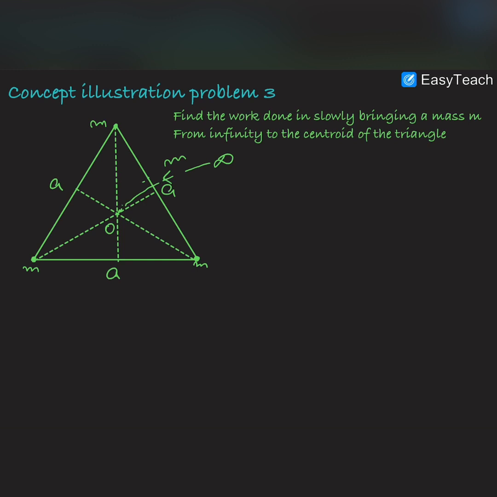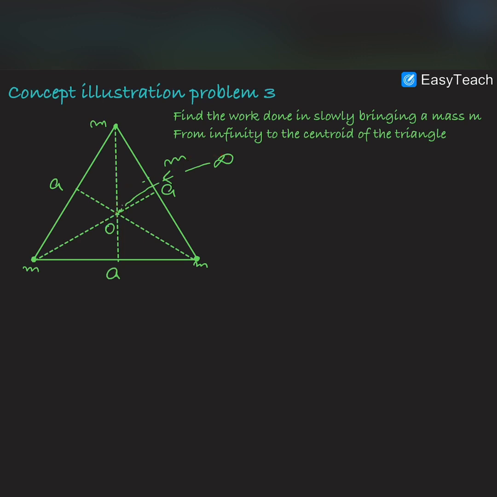Now let us move on to another concept illustration problem. You can see that there is an equilateral triangle and there are three masses of equal mass m placed on the vertices of this triangle, and there is a mass m which we are bringing from infinity to the centroid point. So we have to find the work done in bringing this mass slowly from infinity to this centroid point.